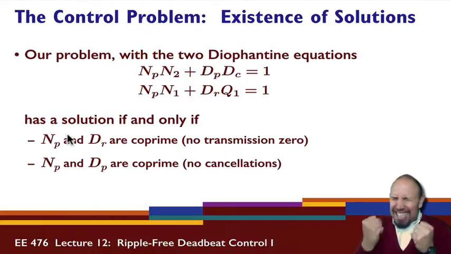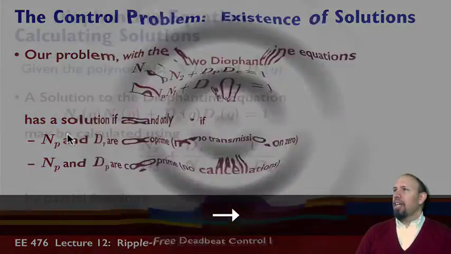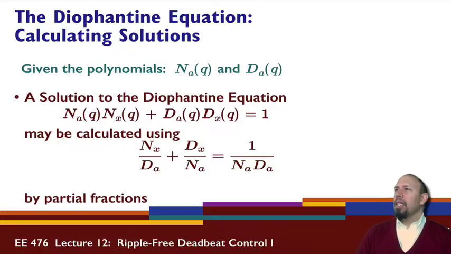Sweet. All right. So given the polynomials, how would we actually compute solutions to this equation for a given NA and DA? We're looking for a solution to this equation.